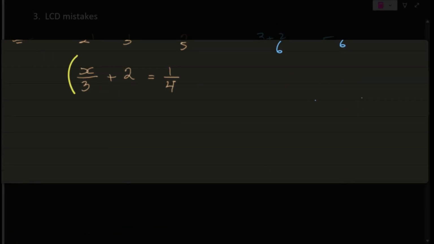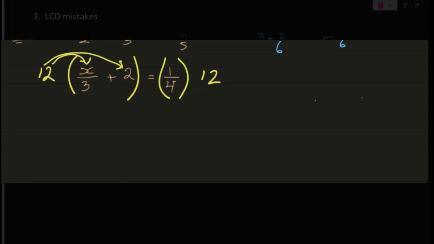I'm going to multiply the left side by 12, the right side by 12. Once we do that, every term has to be multiplied. Most students forget to multiply the 2. If it's a fraction, they don't make that mistake, but if it's an integer, they make a mistake.